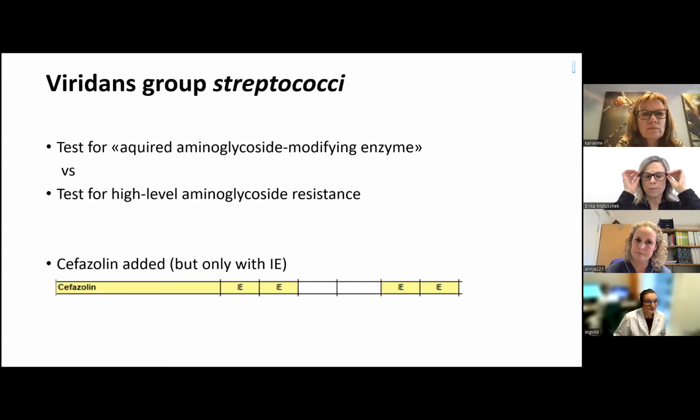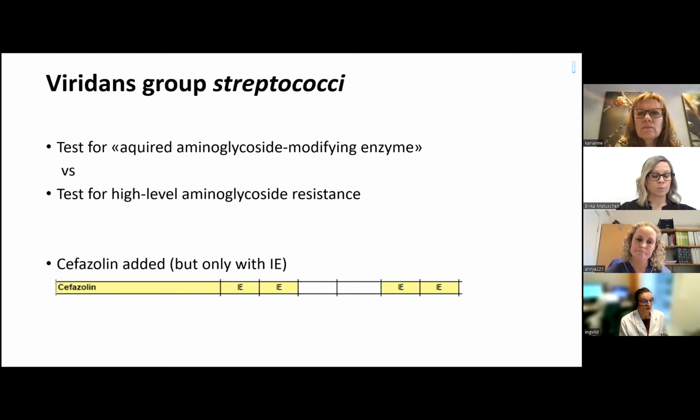So the viridans group streptococci has the same phrase change as the enterococci. So rather than high-level aminoglycoside resistance, they write acquired aminoglycoside modifying enzyme. But we have in the NordicAST table allowed for the use of the term high-level aminoglycoside resistance in the reporting.